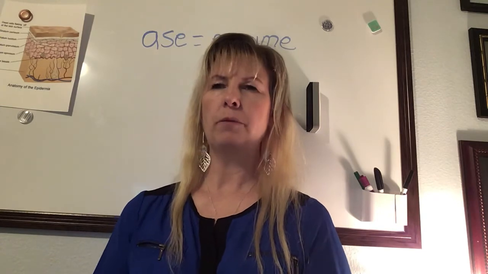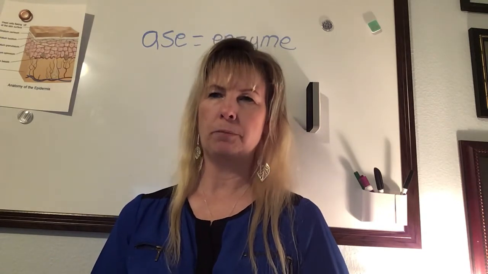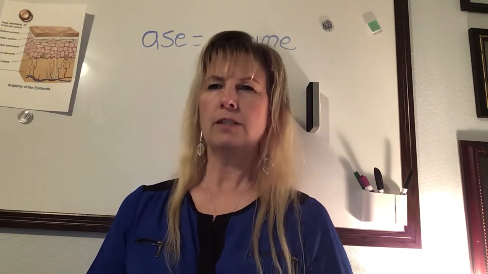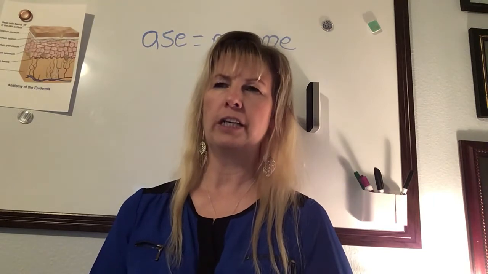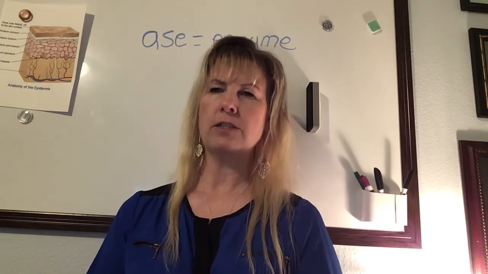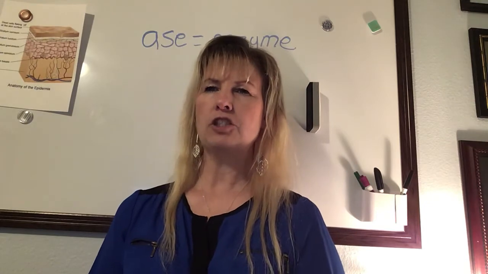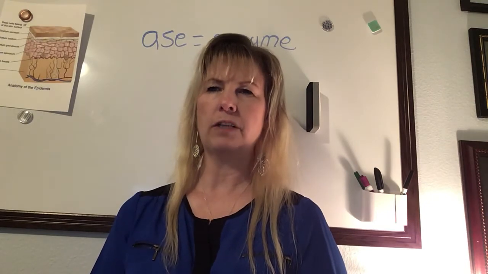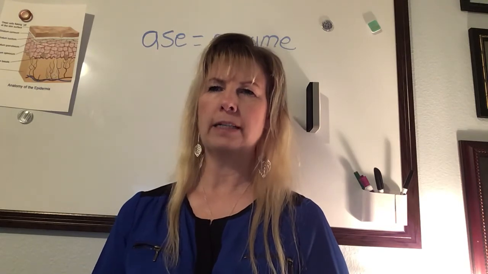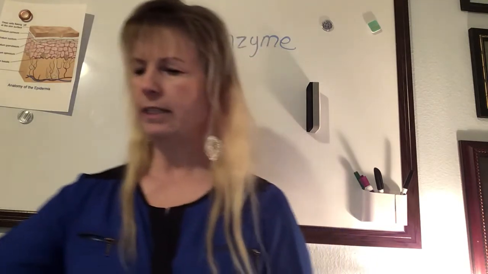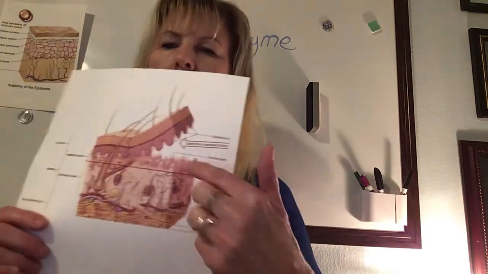Okay, so now we're going to move up to the dermal epidermal junction. The dermal epidermal junction connects your dermis to your epidermis. This junction consists of layers of connective collagen tissue with a lot of small pockets and holes. You can see that in here, all the little small pockets and holes.